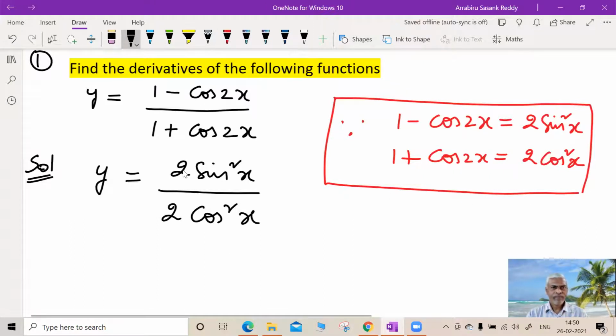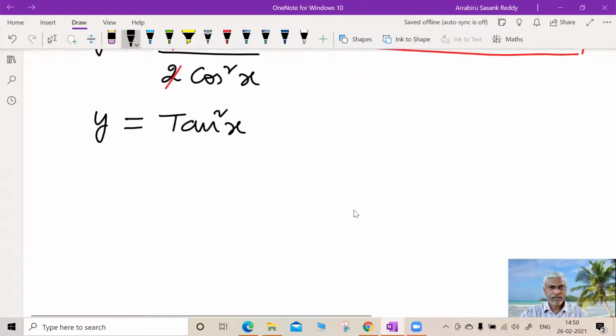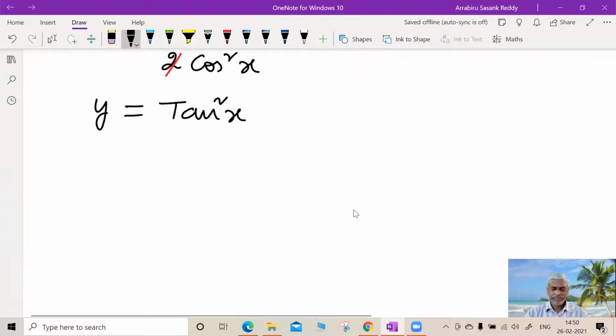Now, cancelling 2, that is equal to sin square by cos square, which is equal to tan square x. After simplifying, the function has become tan square x.